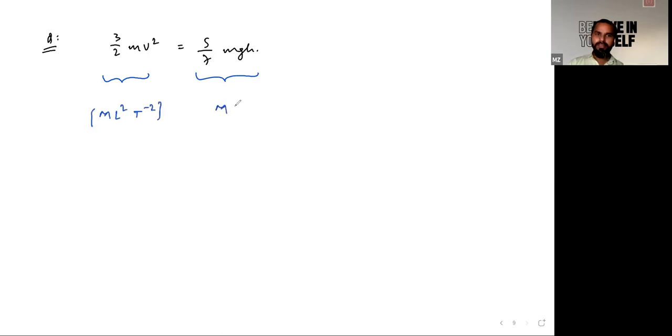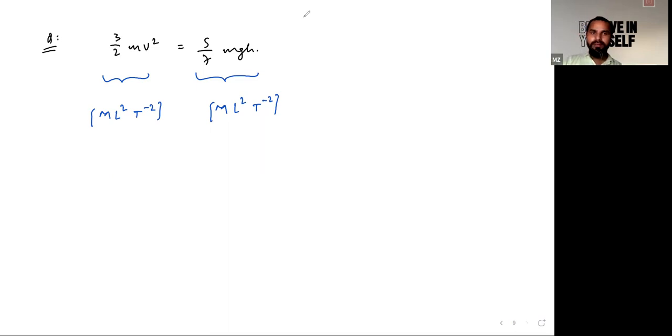And this will again give you M L squared T minus 2. So again, we can say this is dimensionally equal. So this expression would be correct according to dimension. Okay. Is it clear, Ellen? Yes.